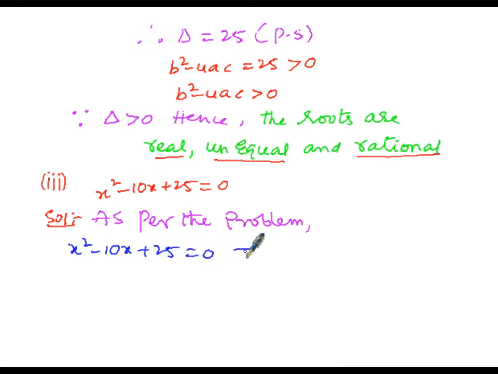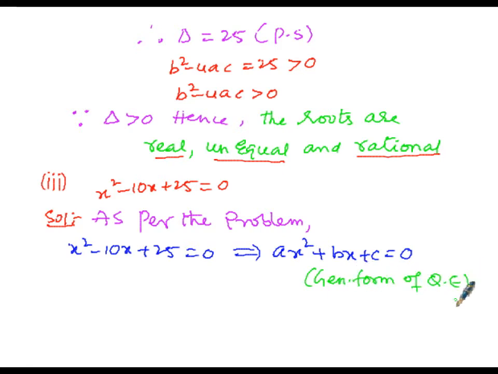That implies, since it is in the form of a quadratic, the general form of a quadratic is ax square plus bx plus c, which is nothing but the general form of a quadratic equation.